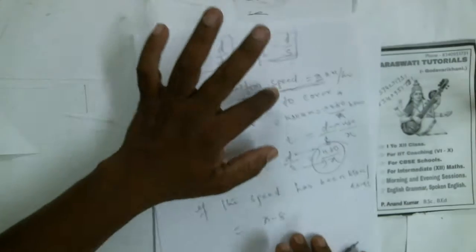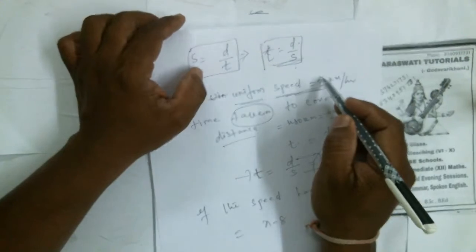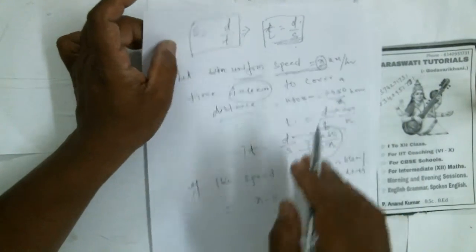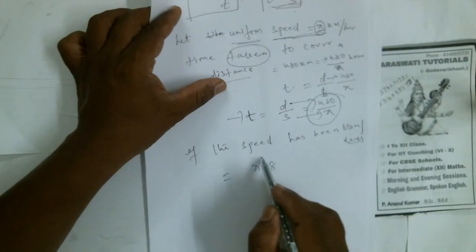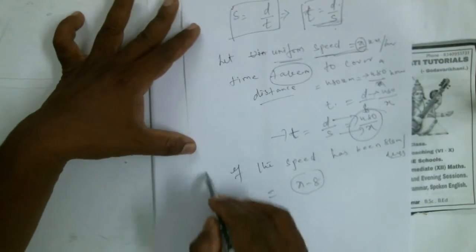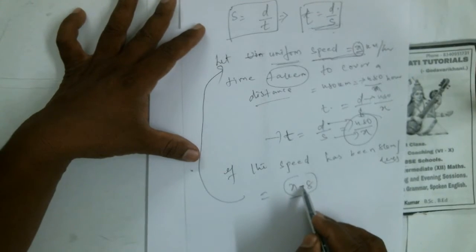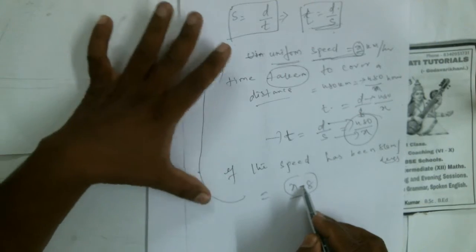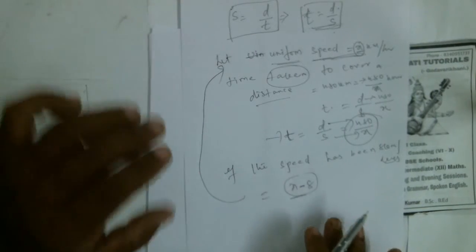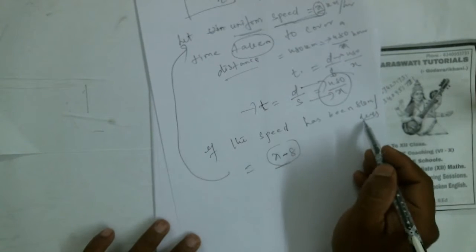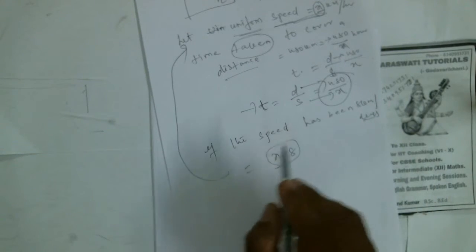Why? Because already what is the speed we took here? We took here speed is equal to x. So less means you have to subtract here. Why? Because here 8 kilometers less. Okay, so subtract. Less means you have to subtract here 8, x minus 8.